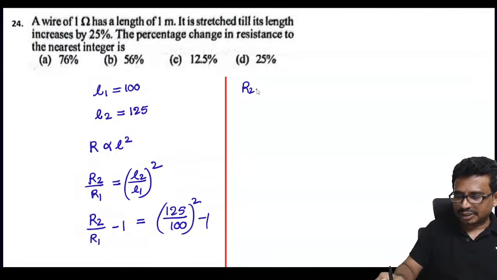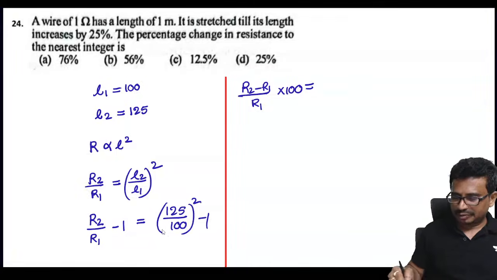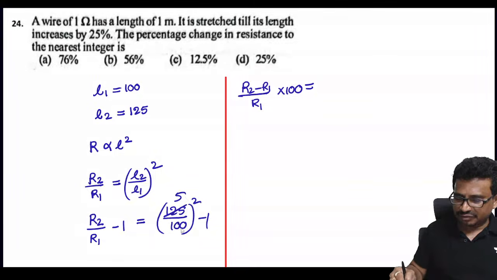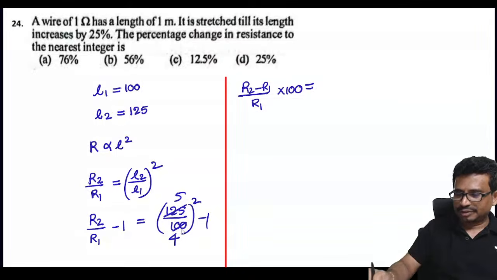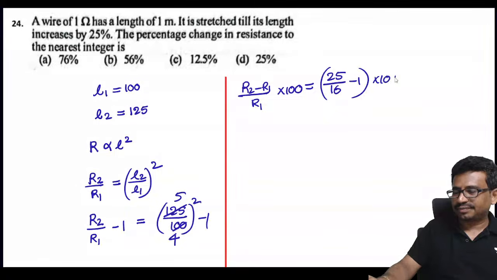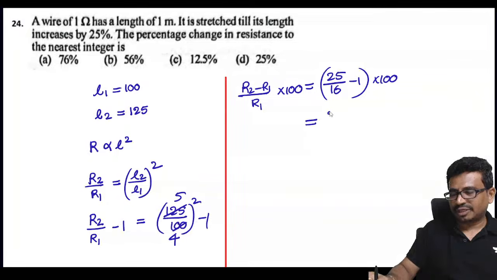Now this is R2 minus R1 by R1 into 100, which is equal to 25 by 16 minus 1, into 100, with 25 5s, 25 fourths. Tell me how much will come now. 25 minus 16 by 16 into 100.